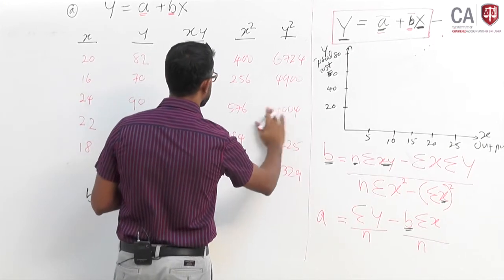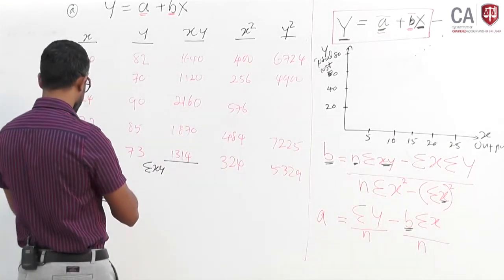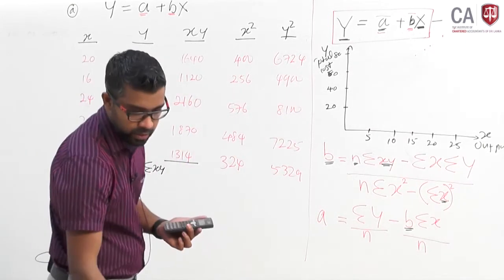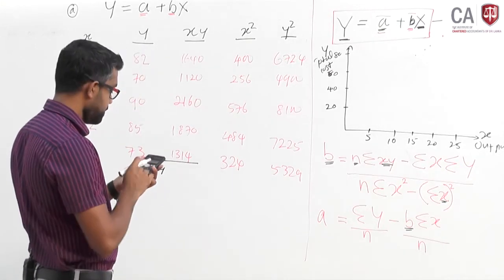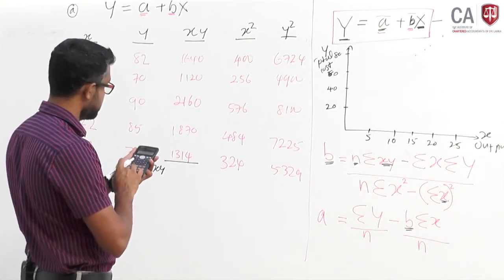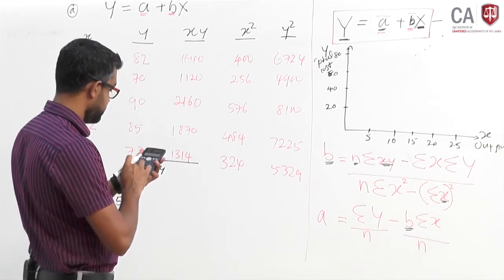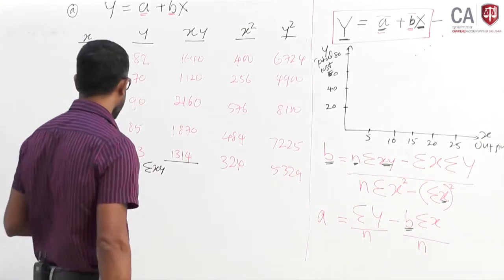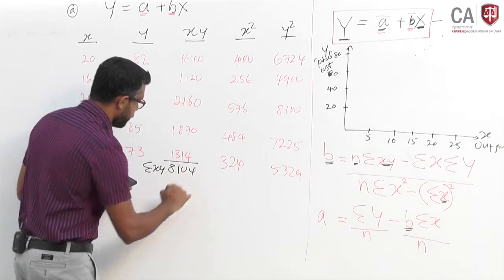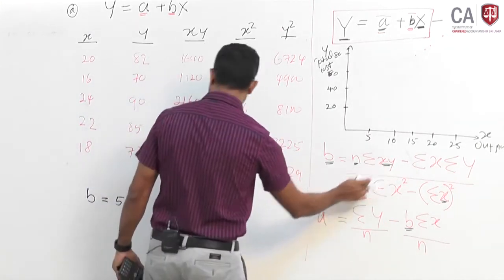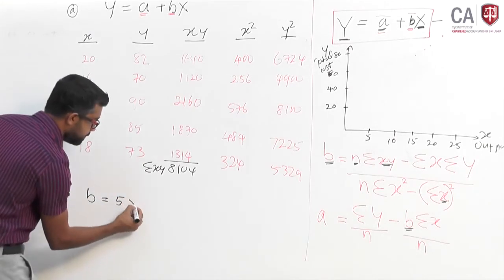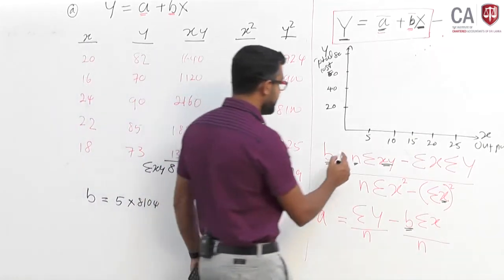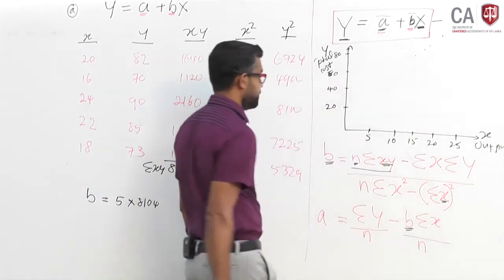This is correct, and the sum of this will be changed. The sum of xy is 8104. We need to multiply the sum of xy by 5, 5 into 8104. So this part of the equation I have filled.